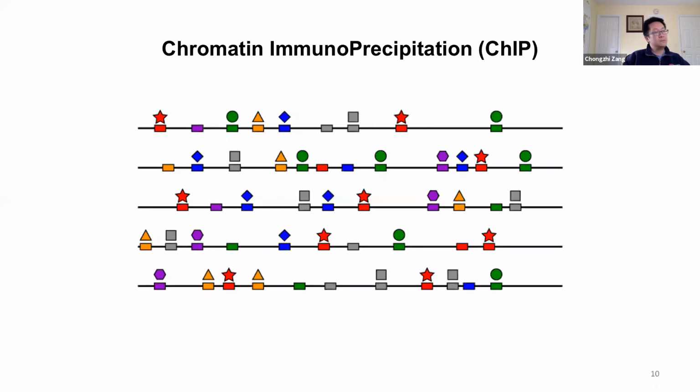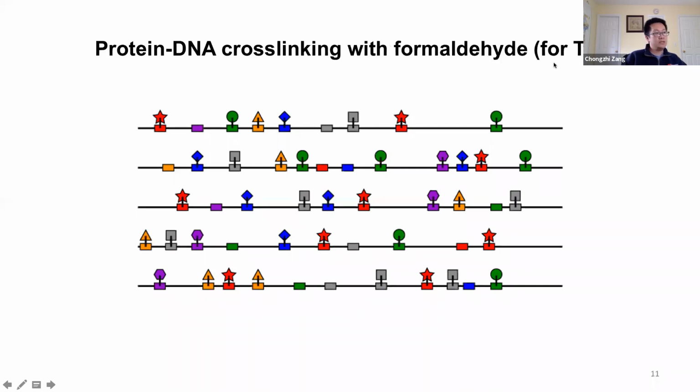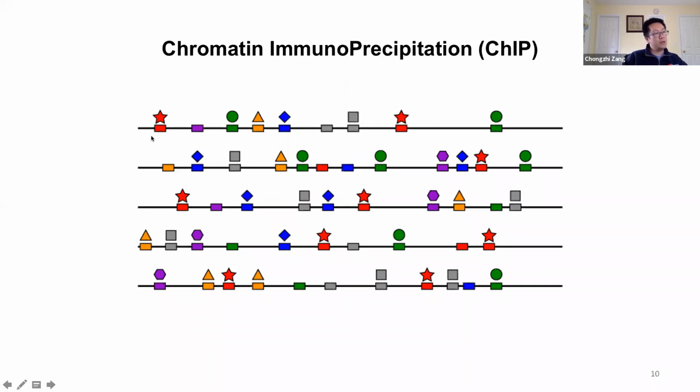So the first part of ChIP-seq, chromatin immunoprecipitation, is that, for example, if we are interested in the genome-wide distribution of some protein factor, for example, this red star, we can see in the entire genome there are a lot of different DNA elements that can specifically associate with different types of proteins.